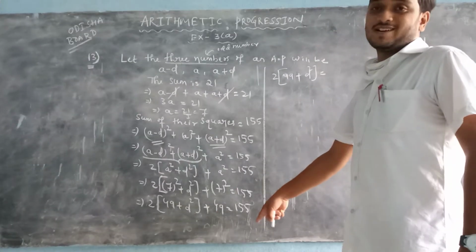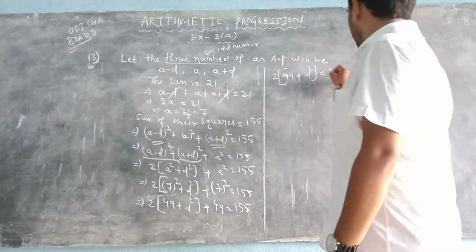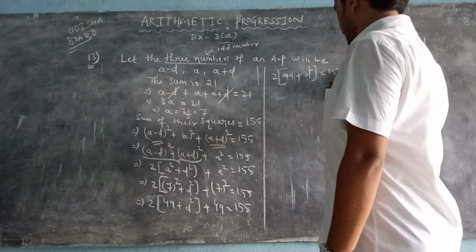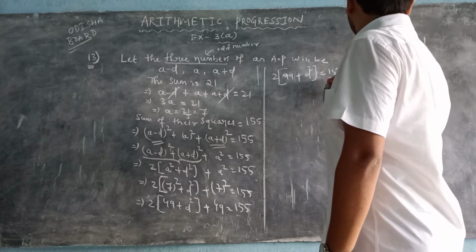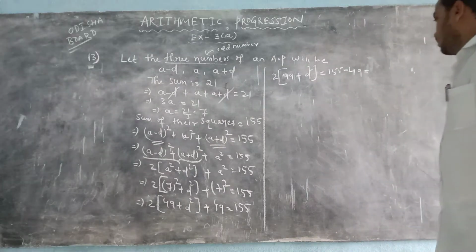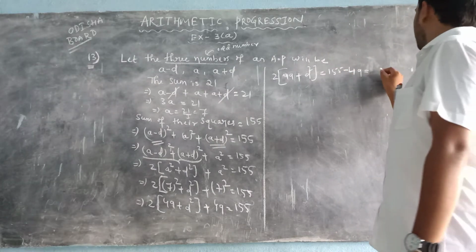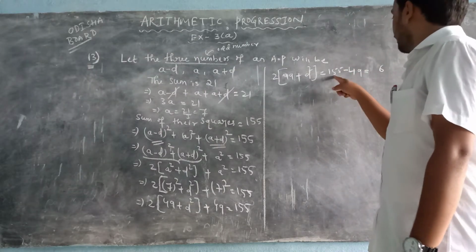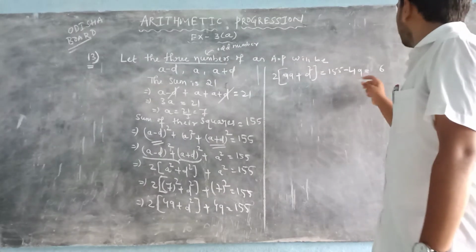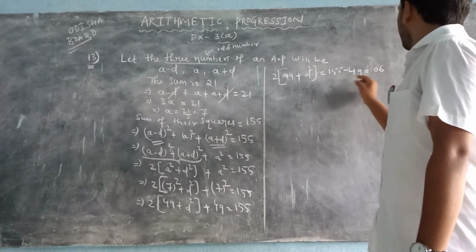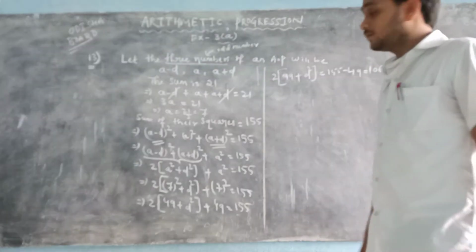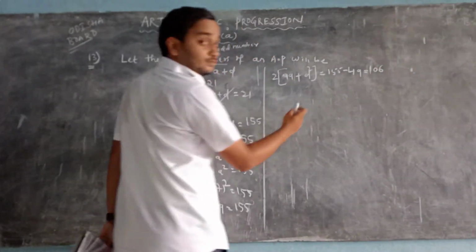If it moves towards the RHS, it will be negative. 155 minus 49, how much? This is 106. 5 minus 9, borrow; 6 remaining 4, 4 minus 4 is 0, remaining 1. Okay.